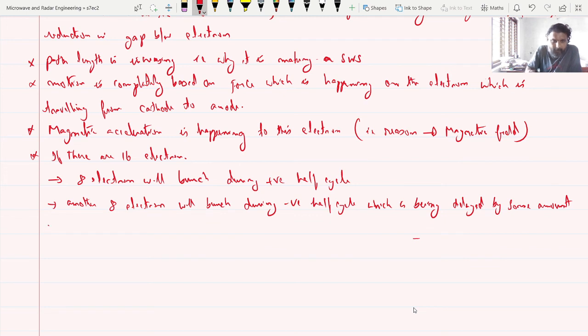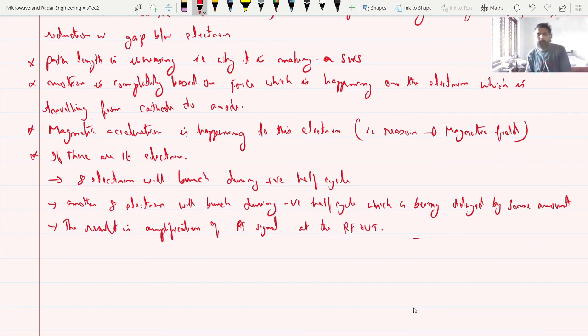So the result is amplification of the RF signal at the RF out. Okay, the result is amplification of the RF signal at the RF out.